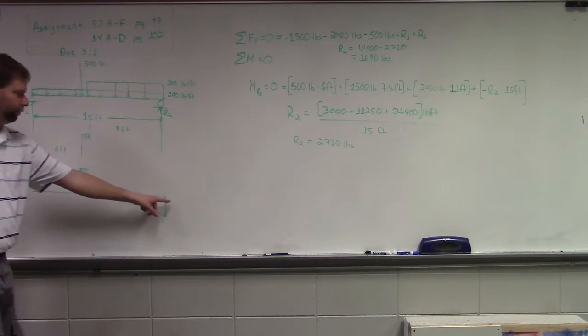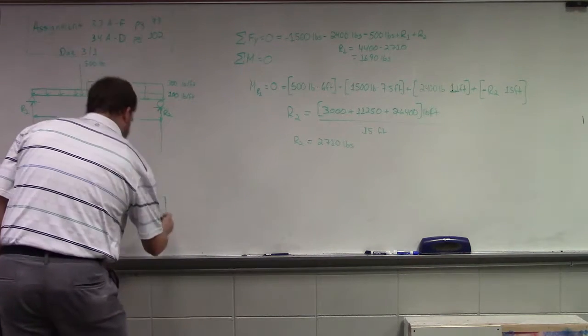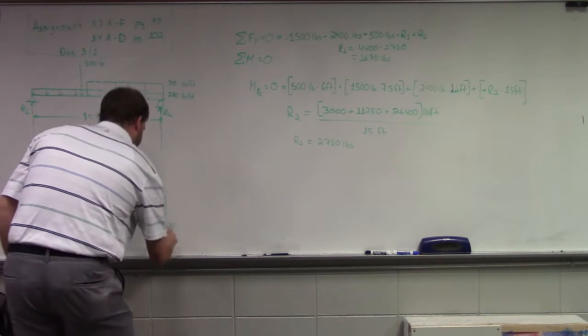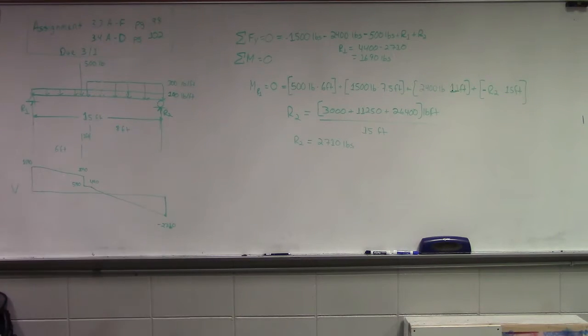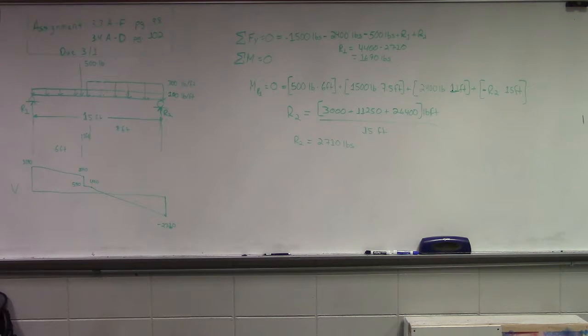And what is our magnitude going to be here? Negative 2710. The scale got a little messed up, so it didn't quite plot that slope correctly.